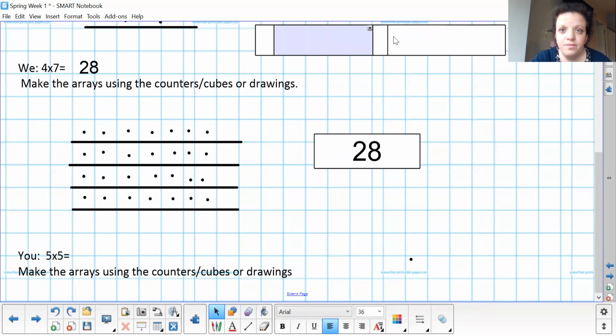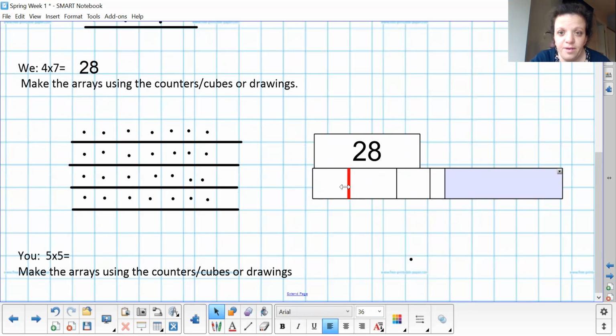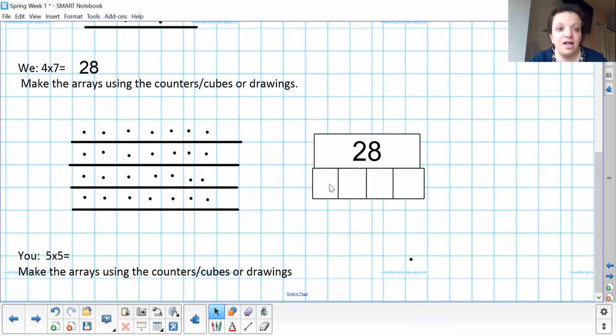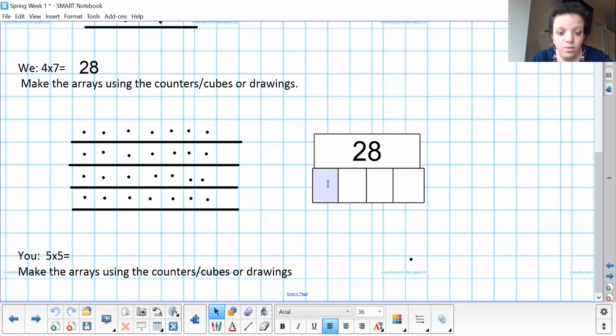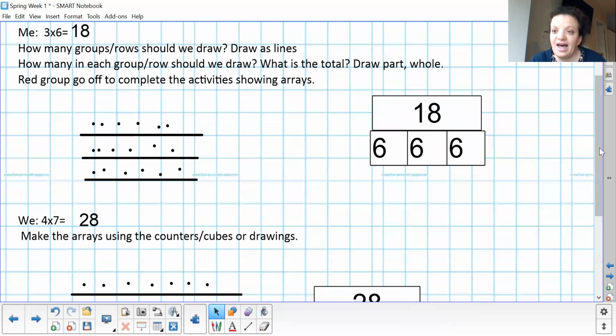Let's move this down here. So you've got 4 parts. And in each of those parts, I'm going to put 7. 7, another 7, another 7, and another 7. And if you've got all of those right, fantastic. If you've drawn an array like mine and you've drawn your part whole like this, fantastic.